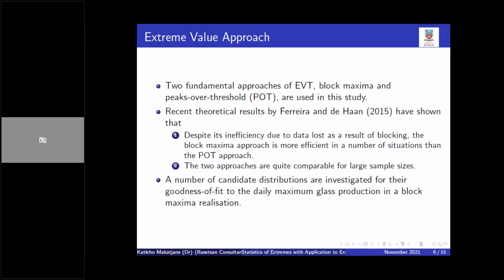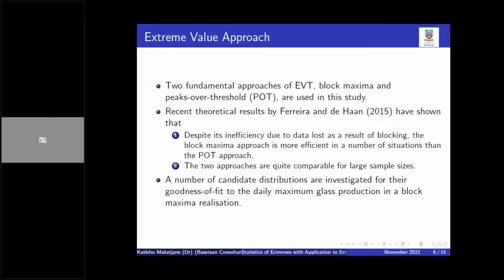Recent theoretical results by Ferreira in 2013 have shown that, despite its deficiency due to data loss in blocking, the block maxima or minima approach is more efficient in a number of situations than peaks over threshold. The two approaches are quite comparable for large sample sizes.